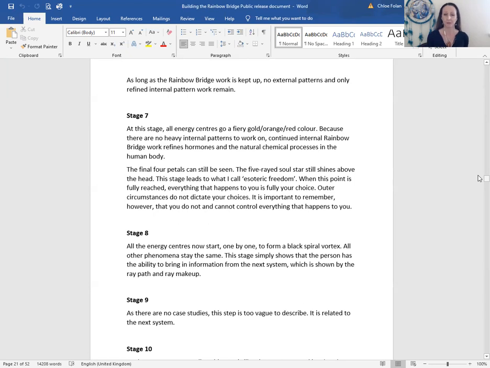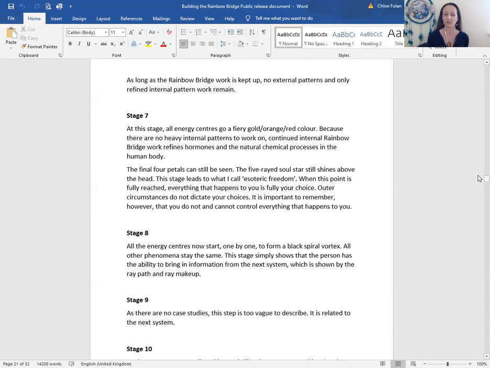So it can be any order in between, but one at a time. And what's happening there is because at that point, and we discussed this with stage 6, there is no imbalanced karma remaining, or nothing that needs to be neutralized or righted, so to speak, internally and externally. Stage 6 is your clean slate.